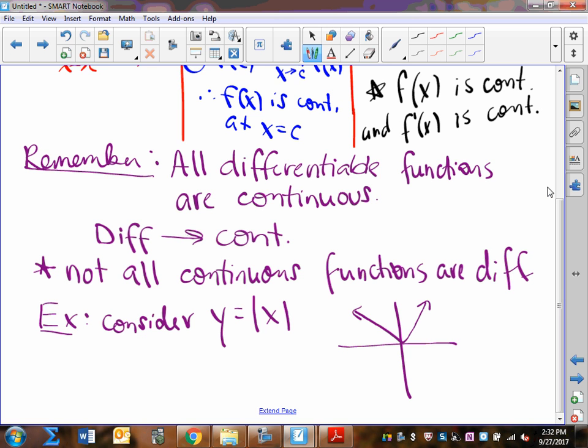Is it differentiable everywhere? Now, where's my issue of differentiability? Okay, so here we have it's continuous, but big time not differentiable. Specifically, it's continuous everywhere, but not differentiable at x equals 0. All right.